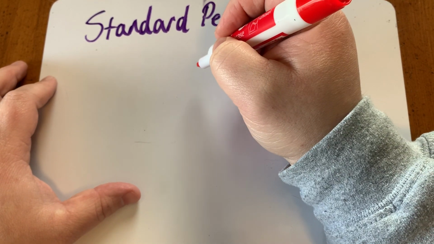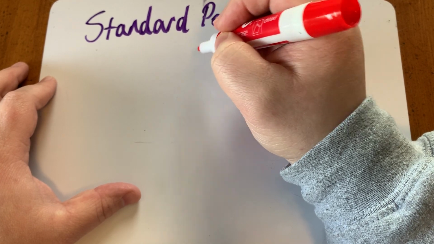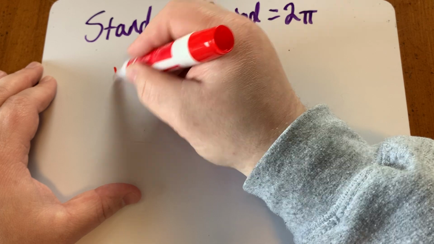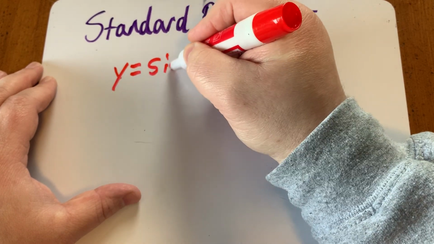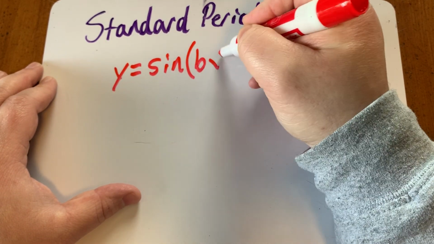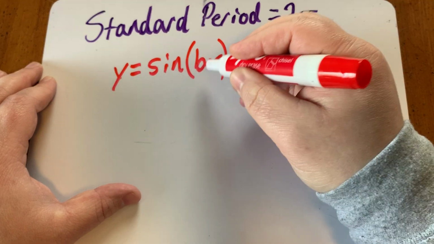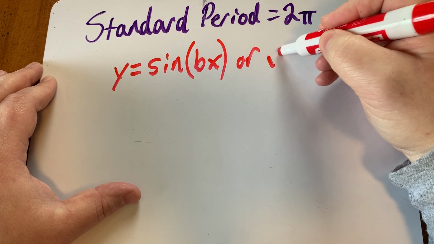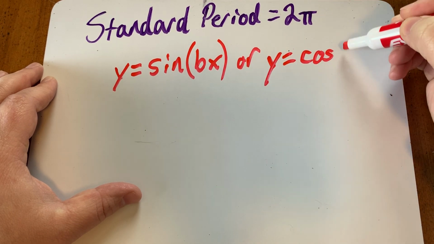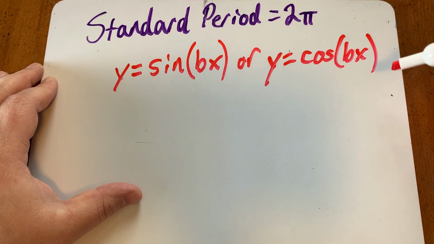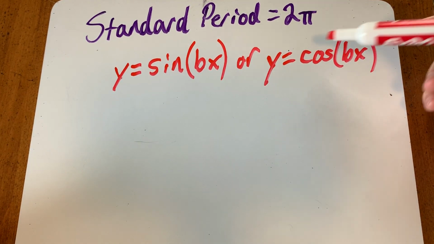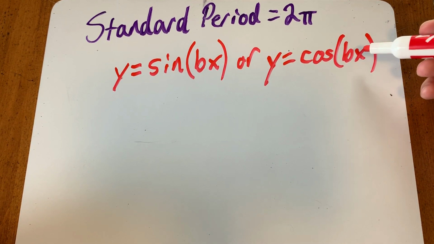And if we recall, horizontal dilations were done to the inside of the function operation. So if there was something multiplied by x inside the sine, or multiplied by x inside the cosine. And since the shapes of the graphs are the same, it doesn't matter whether you're dealing with a sine or a cosine.